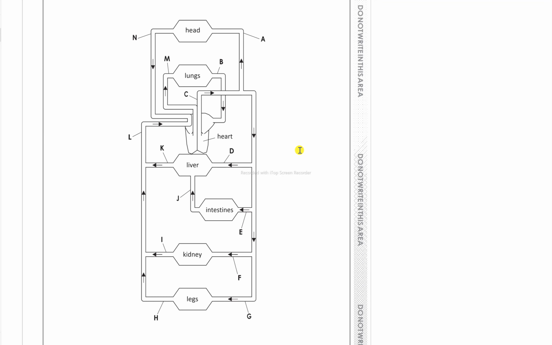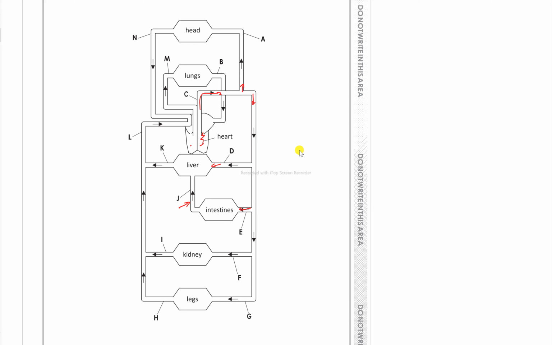Right, you've got the heart here, so blood comes up here out of the aorta, half of it goes up, half of it goes down, goes to the liver, intestines, and this here is the only vein that does not go to the heart.